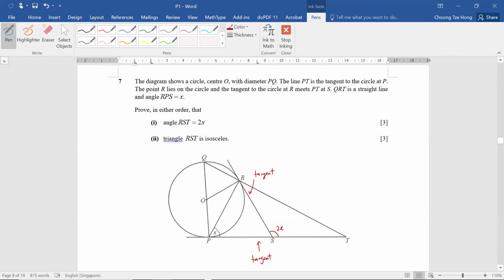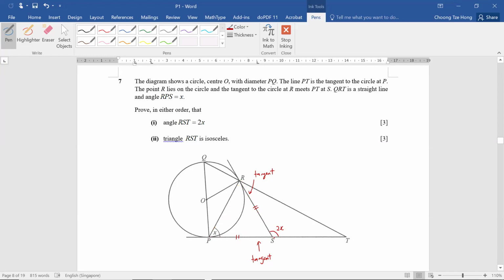You have two tangents coming from S. One touches the circle at P, one touches the circle at R. We know that in this case, triangle PRS is going to be an isosceles triangle, because these two lengths, RS and PS, are equal. This is the property of tangents from external point S.